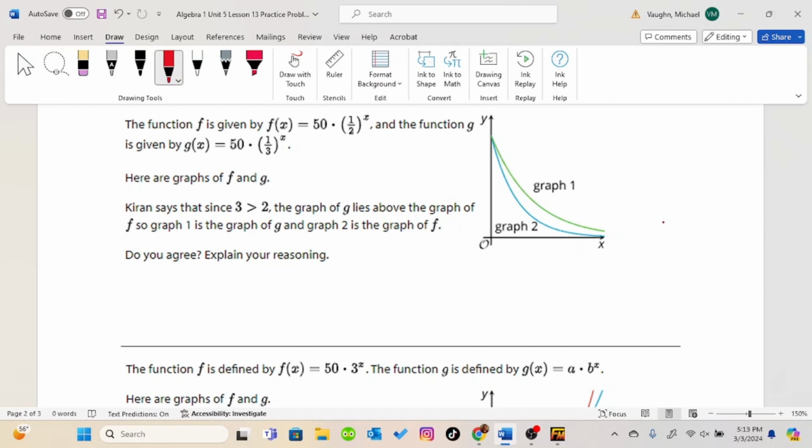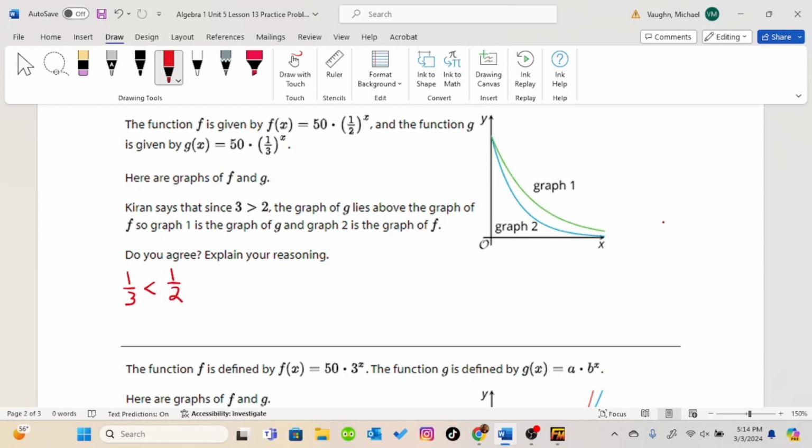So Kieran is correct that 3 is greater than 2, but we do not have 3 and 2. We have 1/3 and 1/2. And 1/3 is less than 1/2.